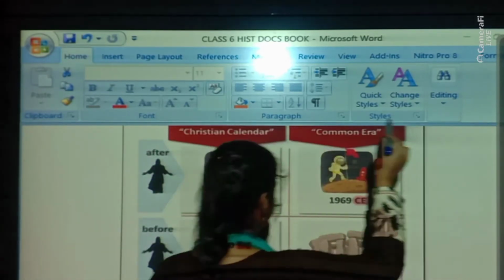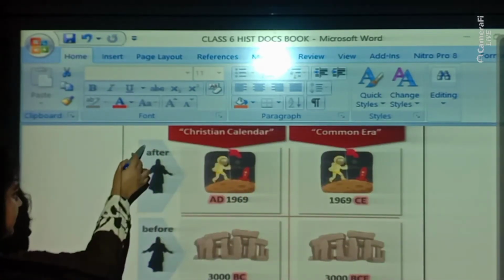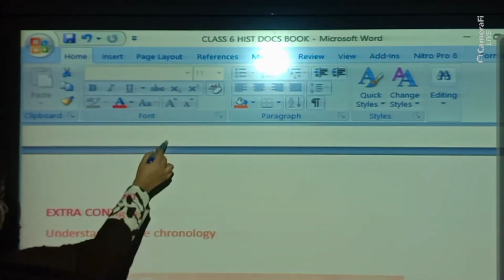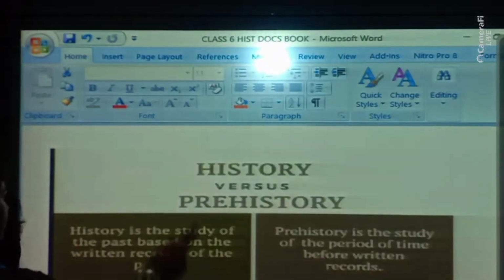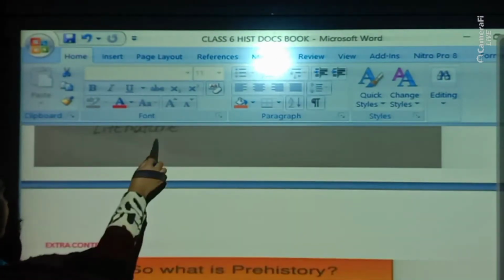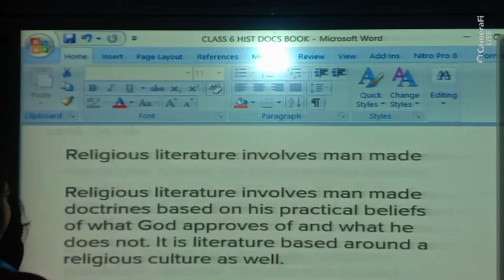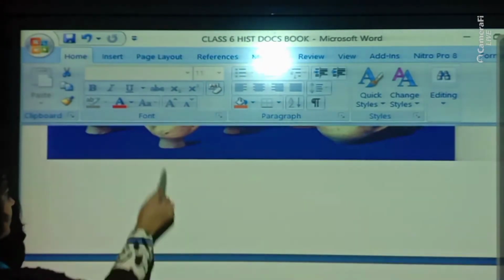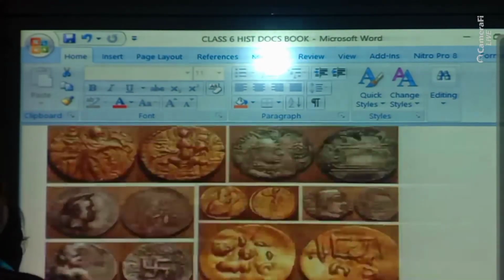Now that is all for your history segment, but we have to recapitulate our previous knowledge, students. So in this chapter, the study of the past, we had some very important knowledge.